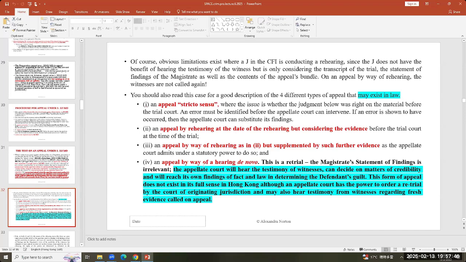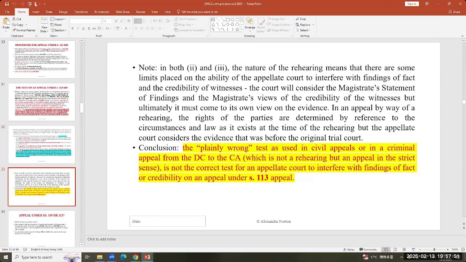Don't worry too much about this appeal by way of a hearing de novo. So the plainly wrong test used in civil appeals, or in an appeal from the district court or CFI to the Court of Appeal, isn't the correct test for Section 113 appeals.